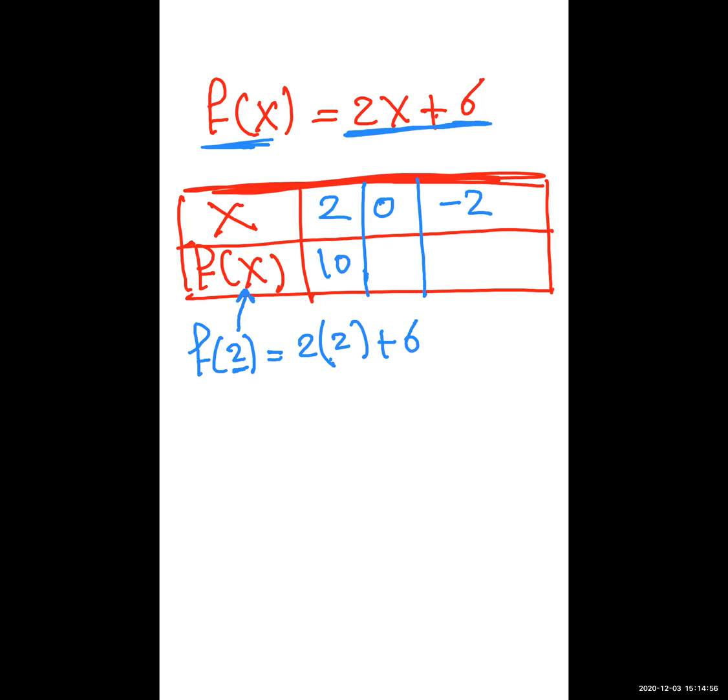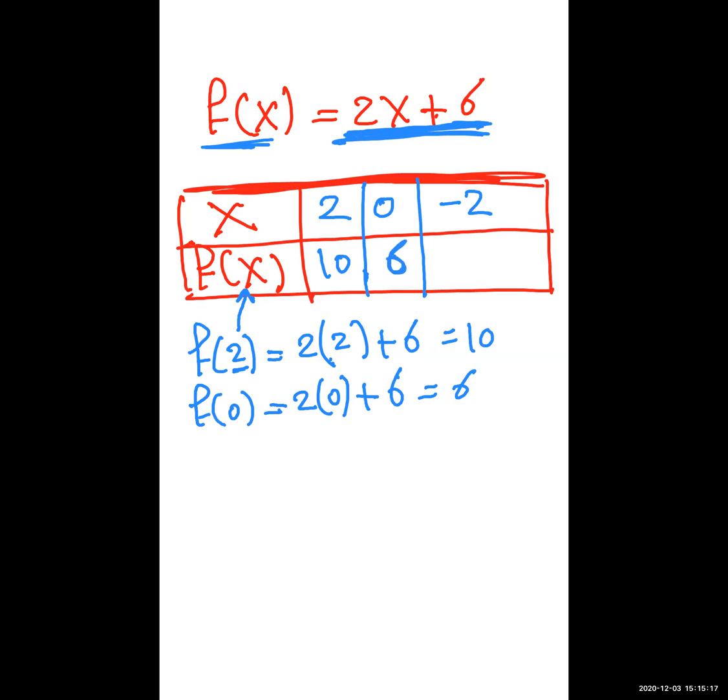Then f of 0. Again, to the main function, 2x, so 2 times 0 plus 6. So 0 plus 6, and we said that it will equal 6.